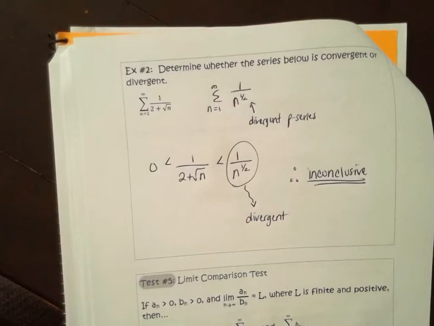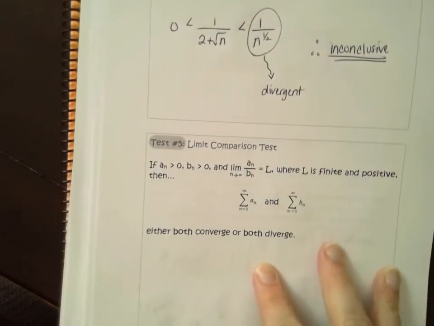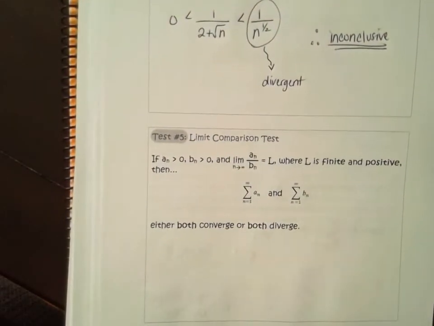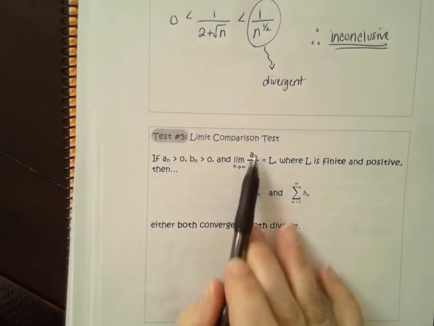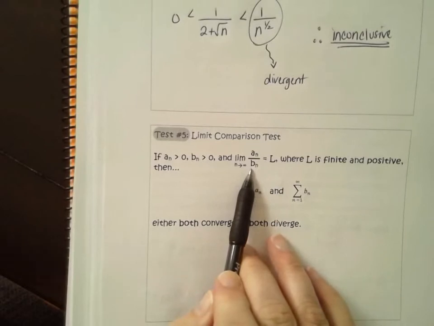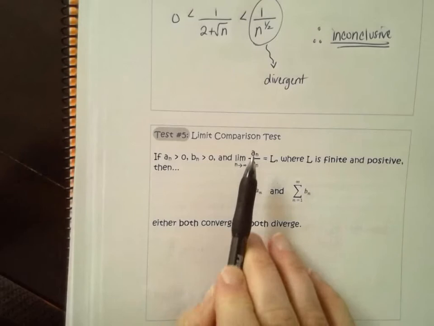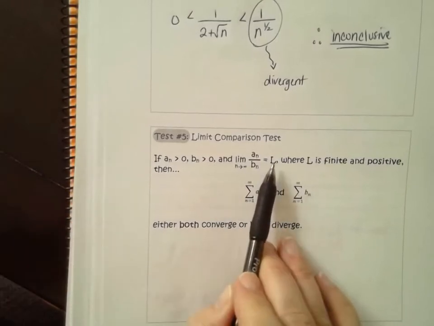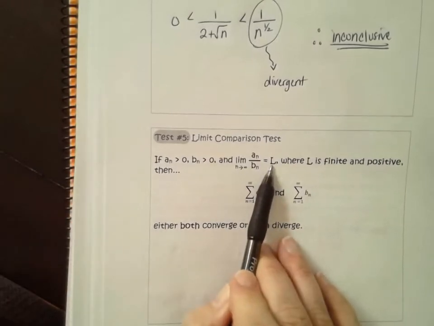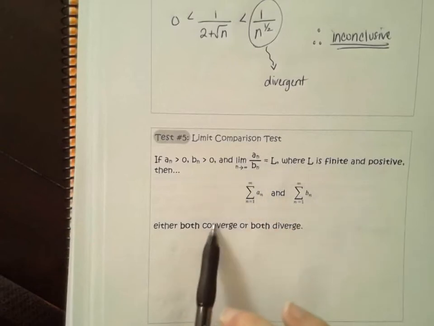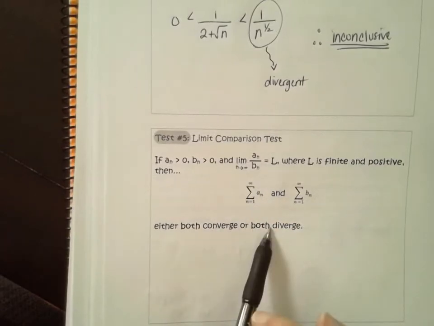So then what do we do? We come up with what's called a limit comparison test. And the limit comparison test says you take your two series, the one that's the original and the one you're comparing it to. If the limit of one to the other is a solid number, finite positive, then you know that either they both converge or they both diverge.